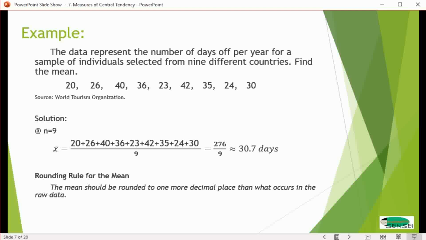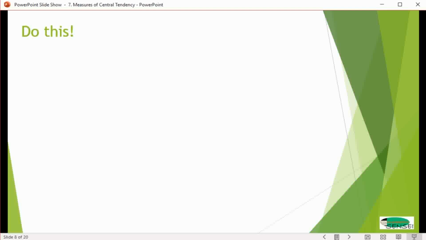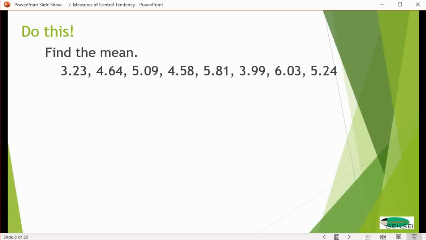So to emphasize this, we have another example right here, not a very detailed calculation, but just for you to internalize what I've mentioned earlier. We have here a data where there are 2 decimal values in each number. So n is equal to 8 here because there are 8 data sets. 1, 2, 3, 4, 5, 6, 7, 8.